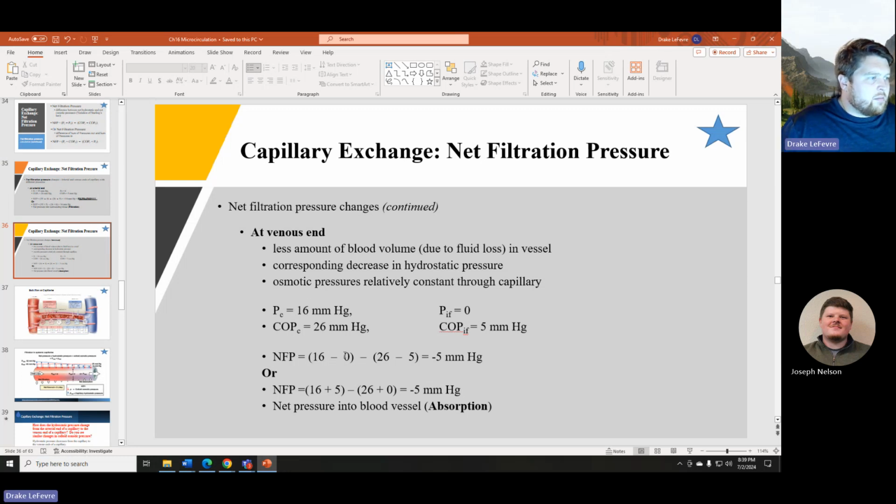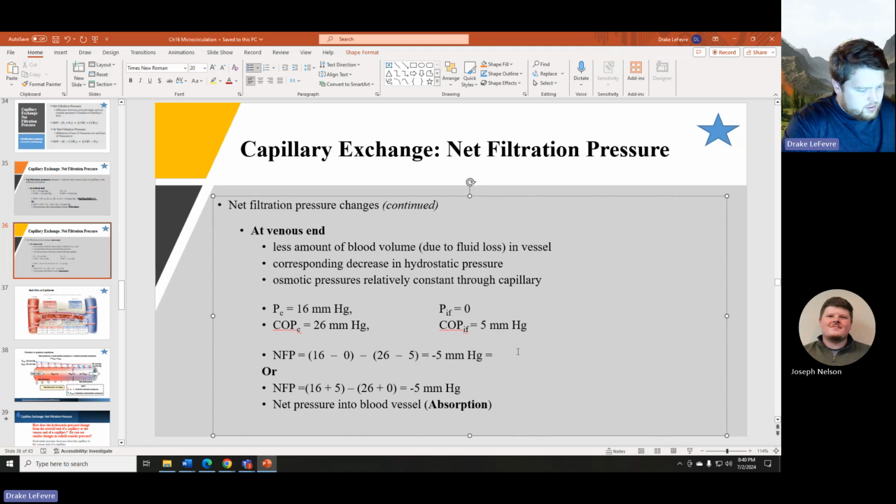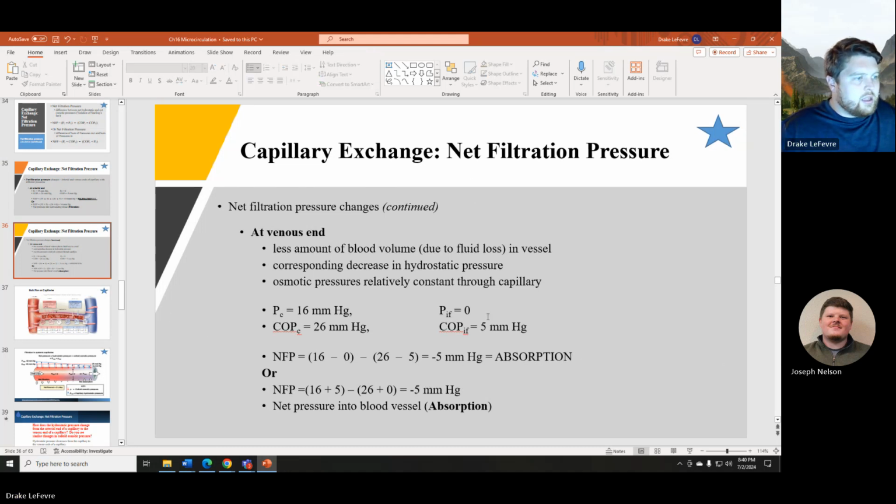So that's 16 minus 0, 26 minus 5, because our colloid osmotic pressures typically stay the same. And we get a negative number, negative 5 millimeters of mercury, and that equals absorption. So fluid is coming back into the cell.